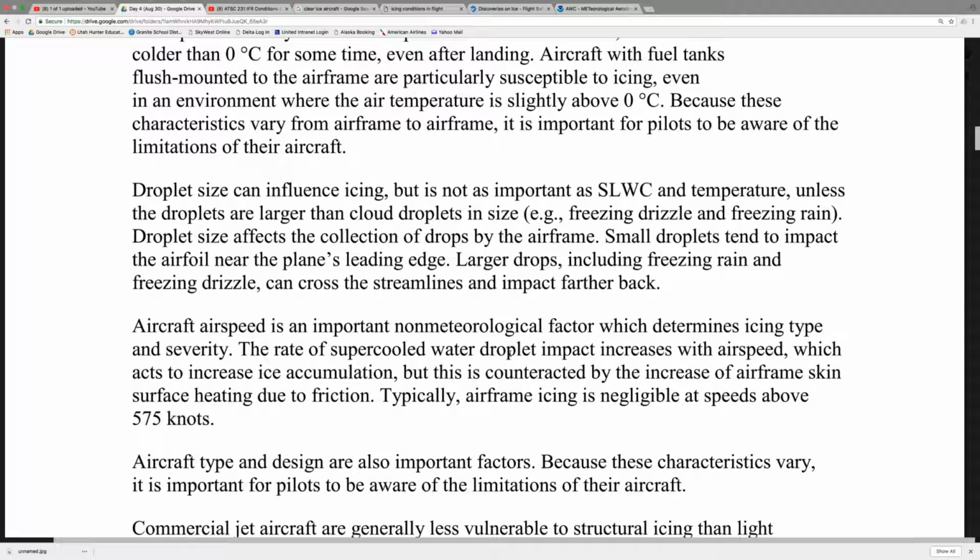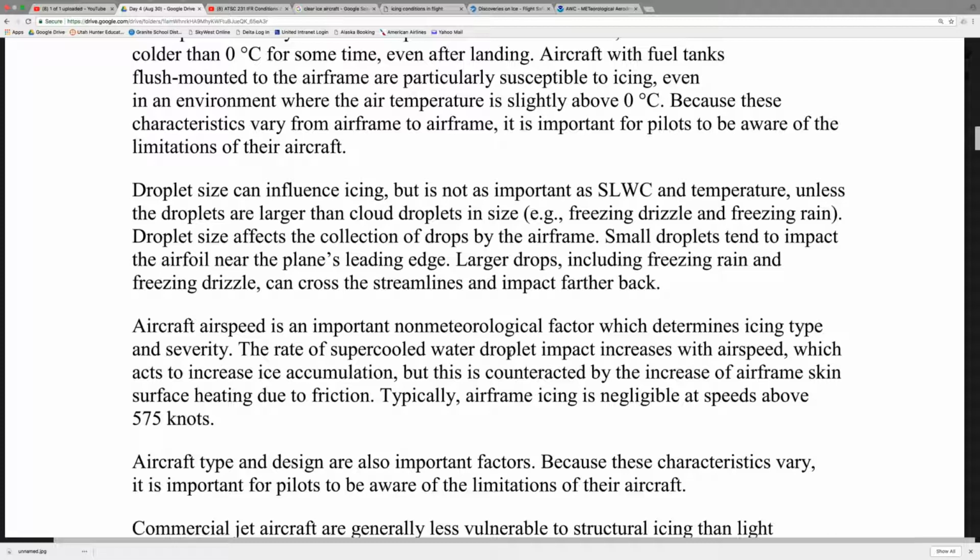We call that de-icing. It allows the ice to form still, but it pops it off. Does that make sense? It's kind of like hitting the ice tray against the counter. So those are two different types of ways aircraft manage icing conditions.